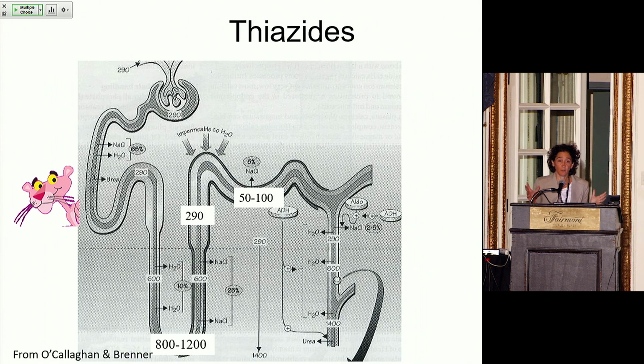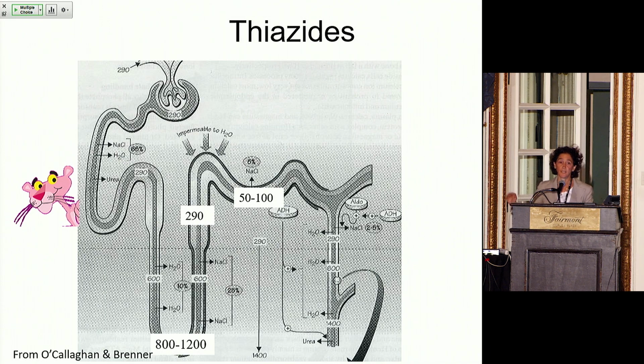So the initial filtrate is the same. So if the normal serum osms is 285, the initial filtrate, 285. Then as you go through the proximal tubule, you have isoosmotic reabsorption. So at the end of the proximal tubule, you're still at 285. You go down deep into the loop and you make your very concentrated urine, let's say 800 to 1200.